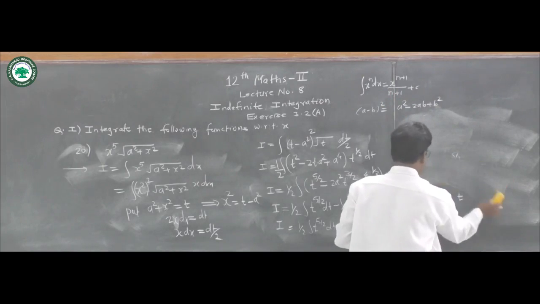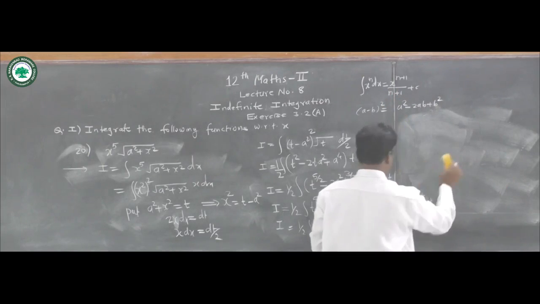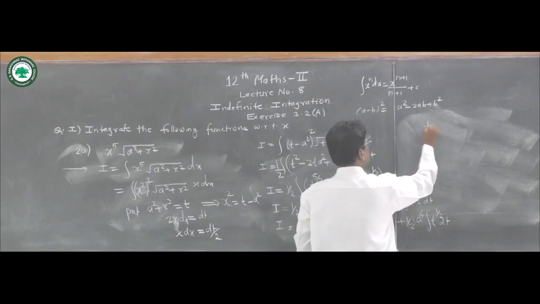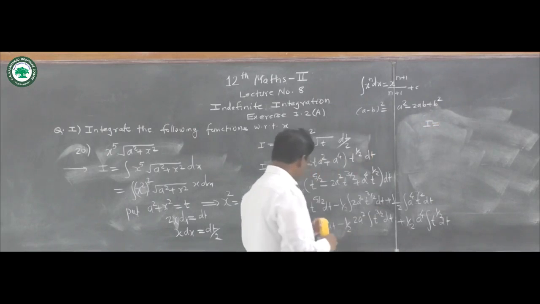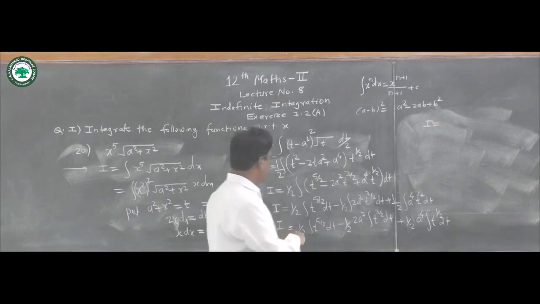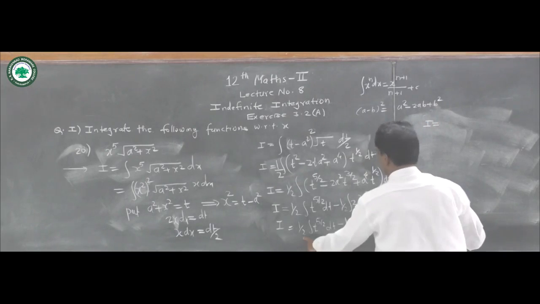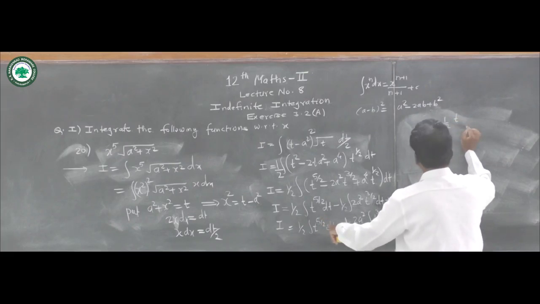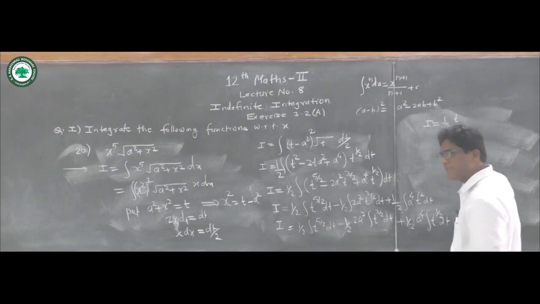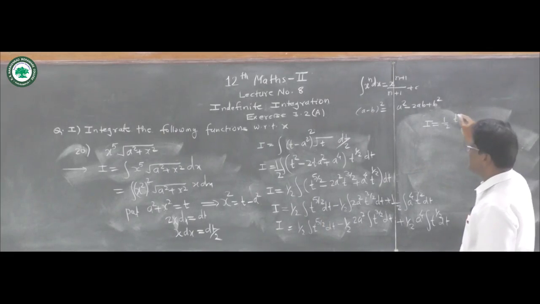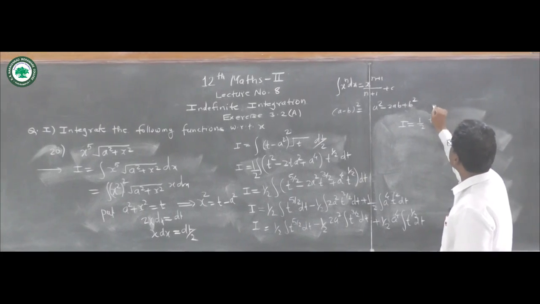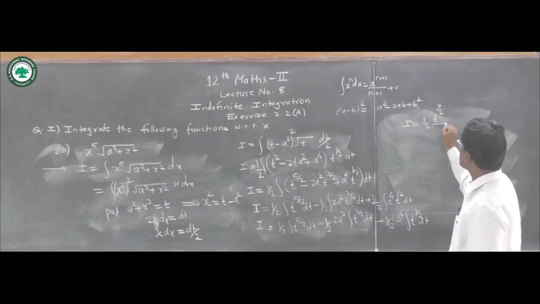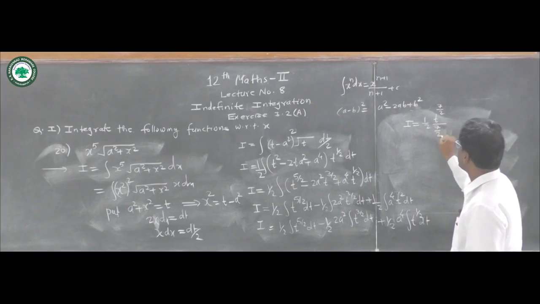So the required integral I becomes 1/2 as it is, t to the power 5/2 plus 1. I write here directly 5/2 plus 1, that is 5 plus 2, so 7/2, divided by the same number 7/2.